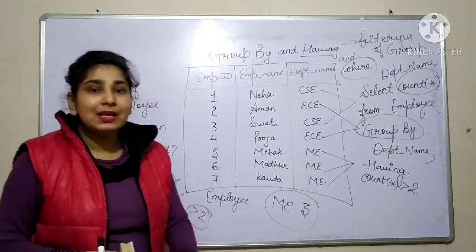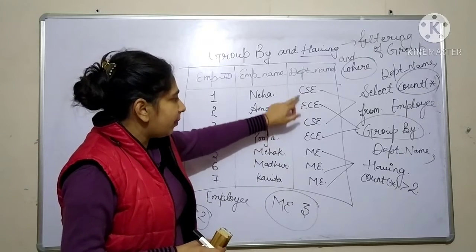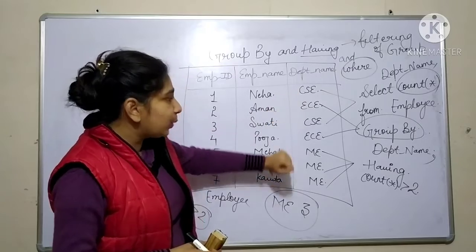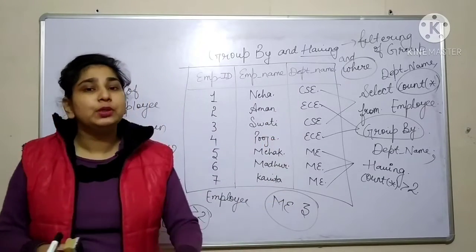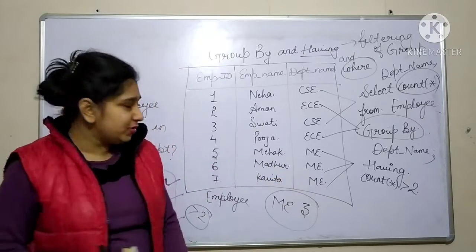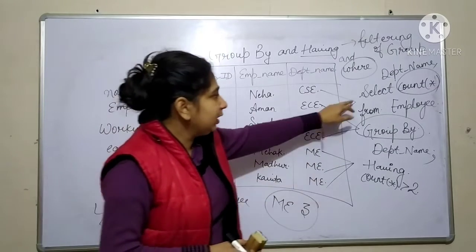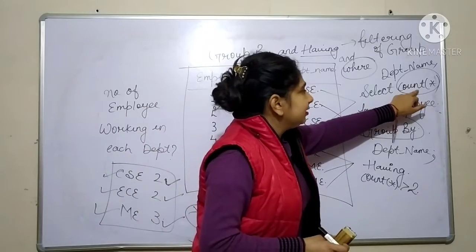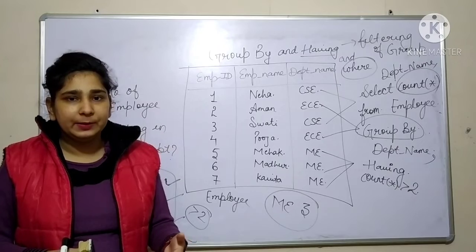Count star means how many times each department is coming. So we counted that CSE is coming twice, ECE is coming 2 times, we will not pick it. Mechanical engineering is coming 3 times. Then we will be selecting that department name and the number of employees working in that department.